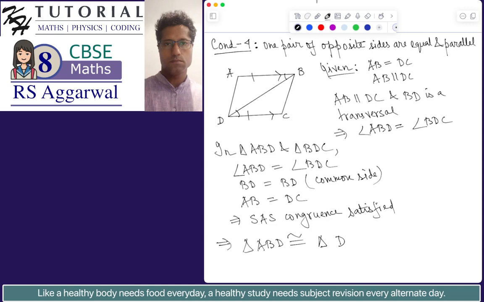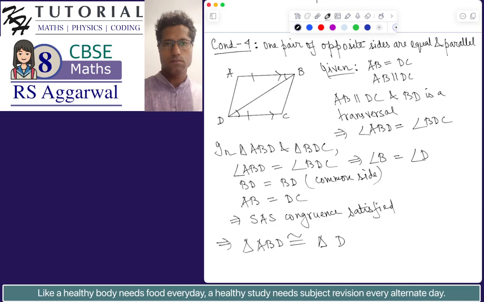Now this also implies that angle ABD is equal to angle BDC. Angle ABD is equal to angle BDC means that angle B of triangle ABD is equal to angle D of triangle BDC.